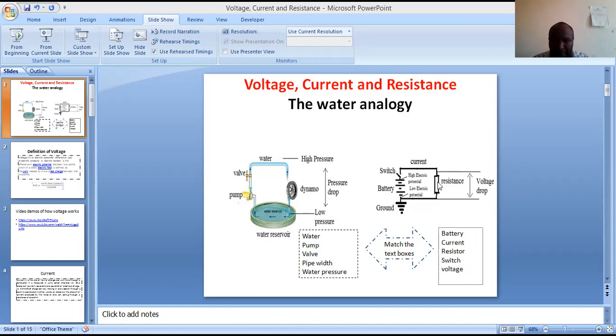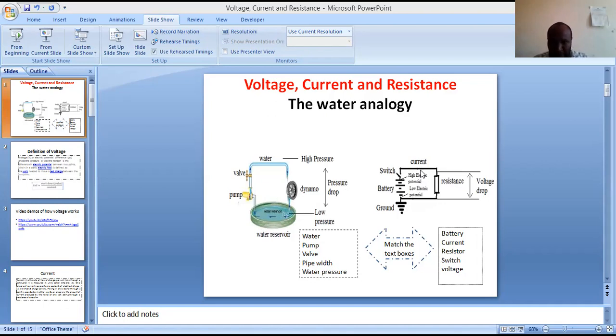drop across the appliance. So it's like this scenario where you want water at this point having high pressure, but when it rotates the dynamo, at this point it loses its energy and its pressure.